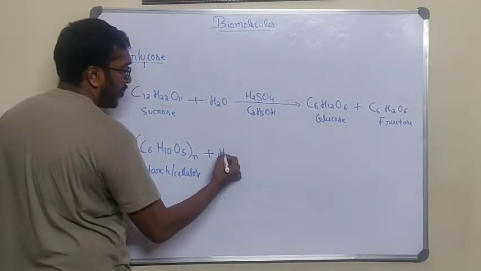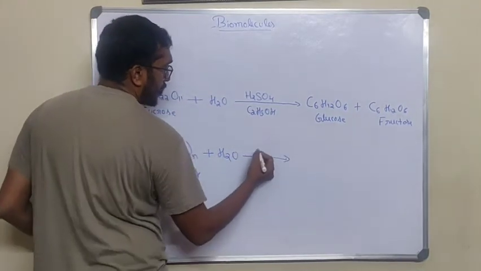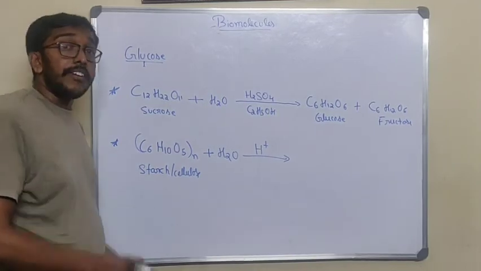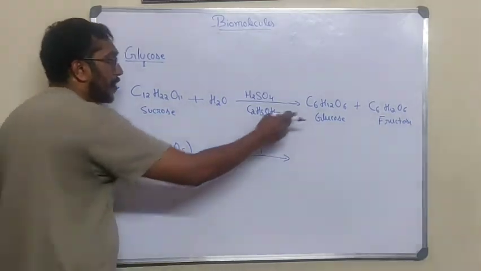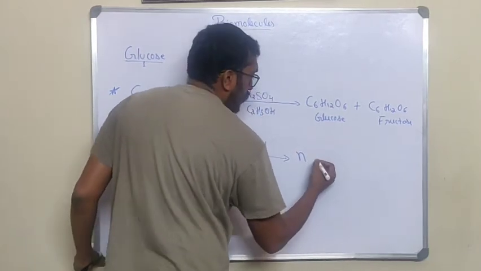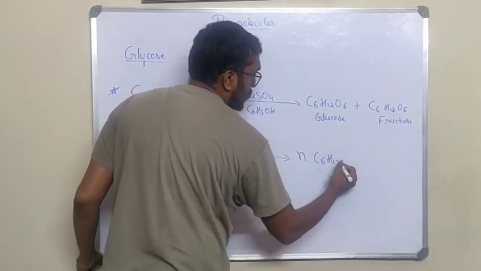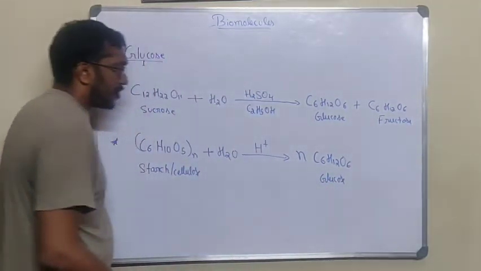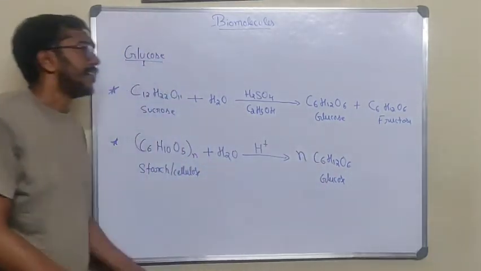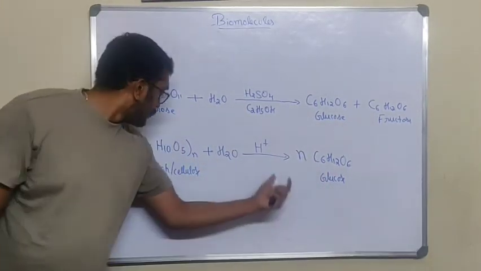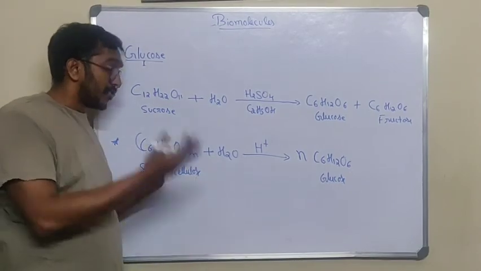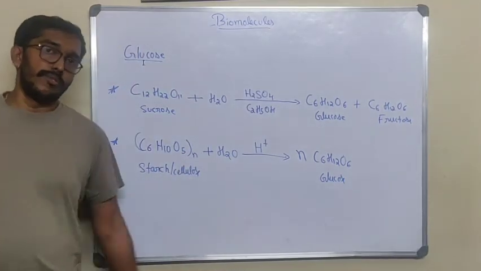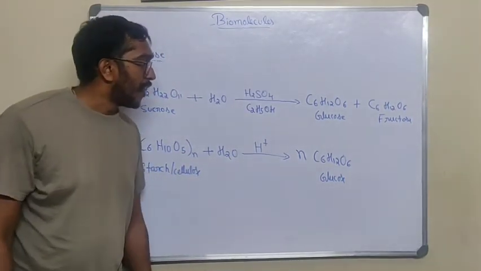When this undergoes hydrolysis in the presence of acid, we get n number of glucose molecules, C6H12O6. So from this reaction it is very clear that starch or cellulose is made out of glucose.